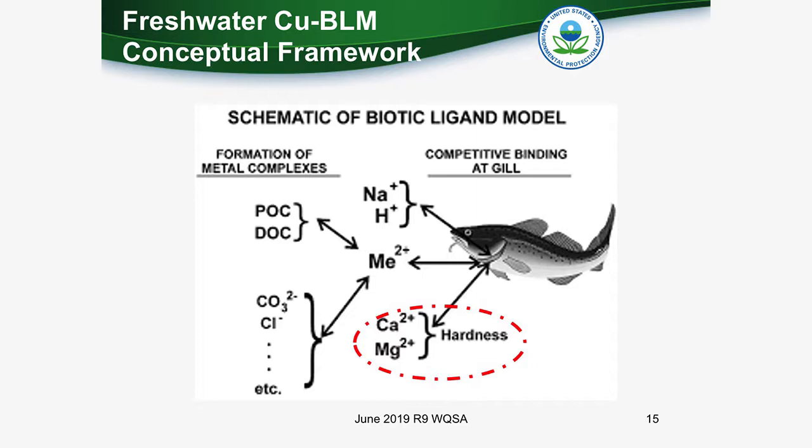And all those things are affecting the availability of metal. We call things that attach to metals ligands. And when they attach to metals, it decreases the toxicity. So all of this is based on the likelihood that this copper, in this case, is going to attach to the gill of this little fish and hurt it.